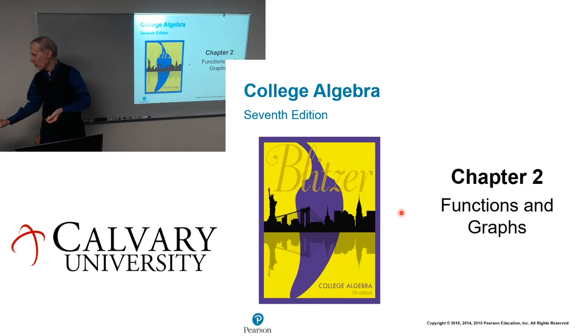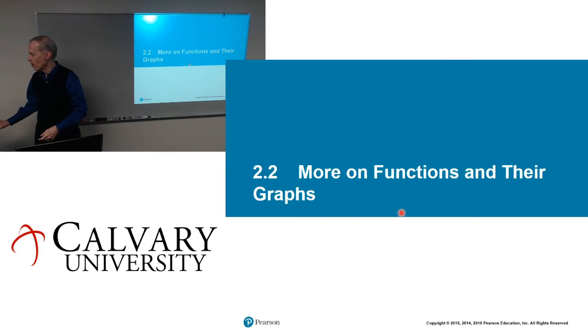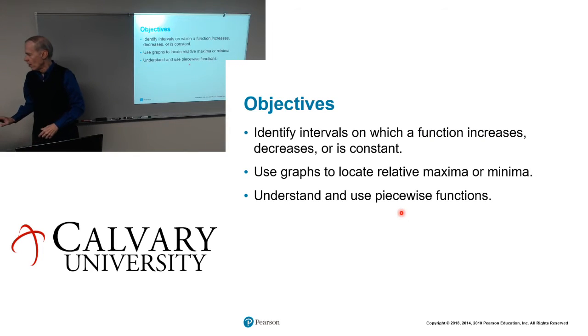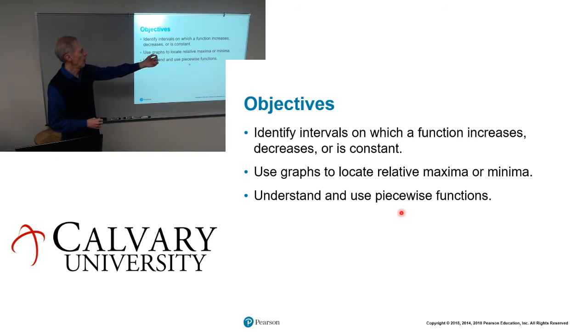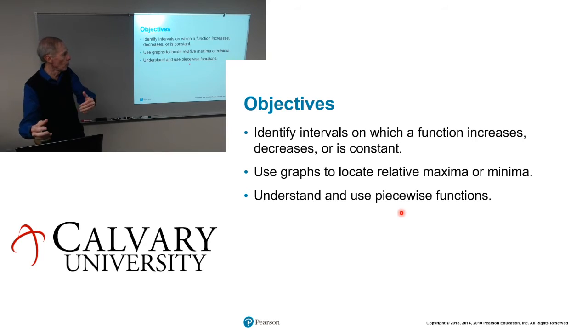All right, next section is to go even more in detail about the graphs. So we'll look at various intervals as well as the concepts that are called relative maxima or minima. And those words maxima and minima are plural, meaning the maximum point or points, minimum point or points.